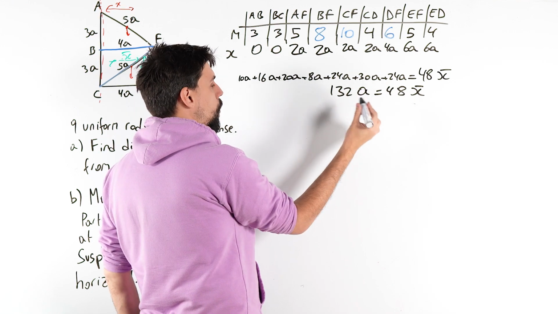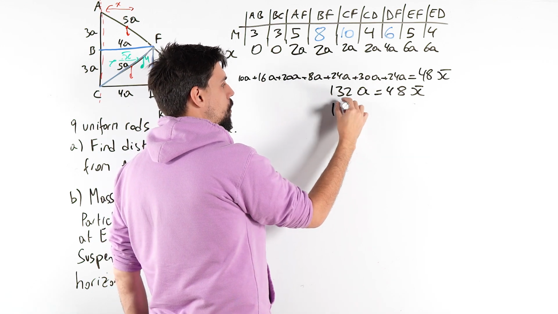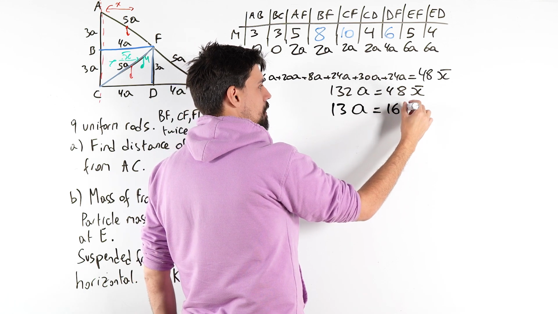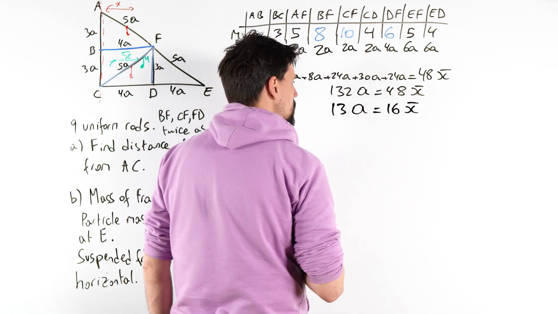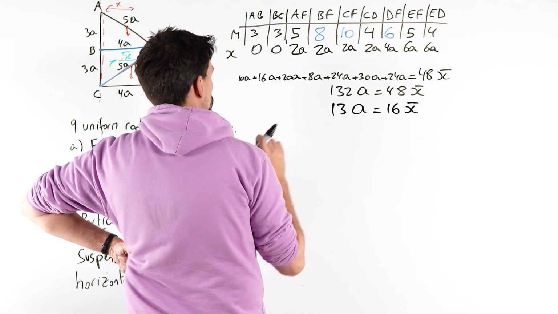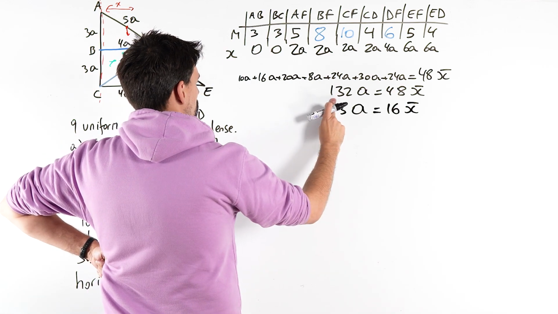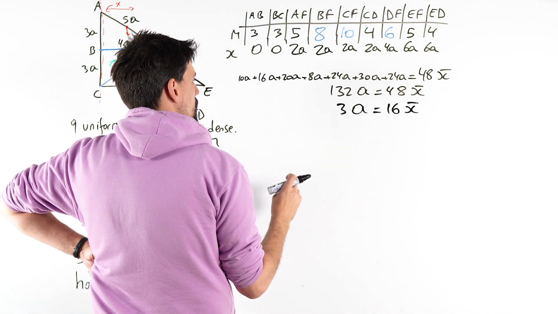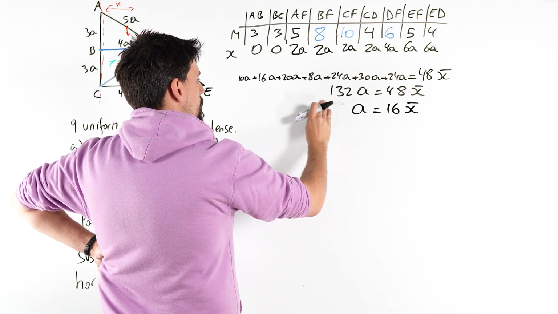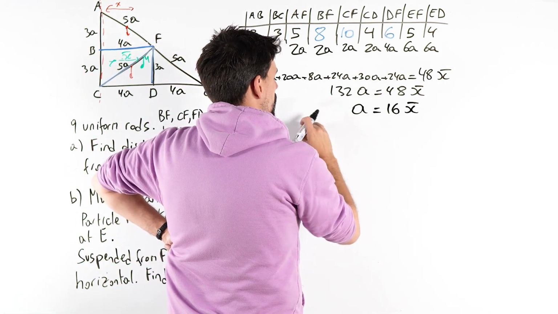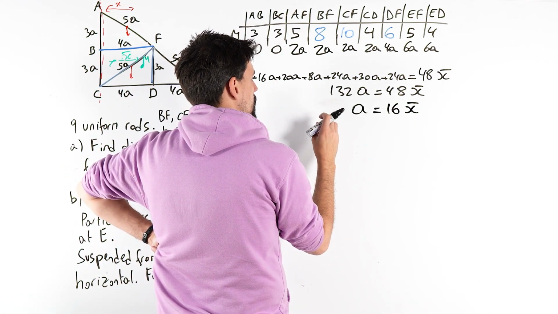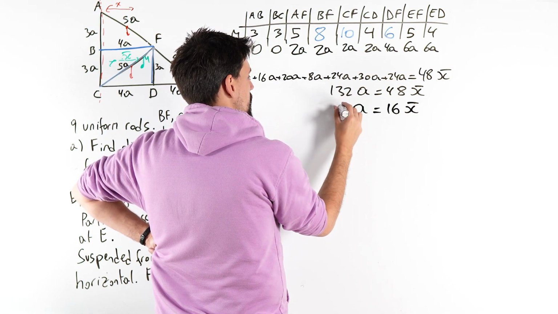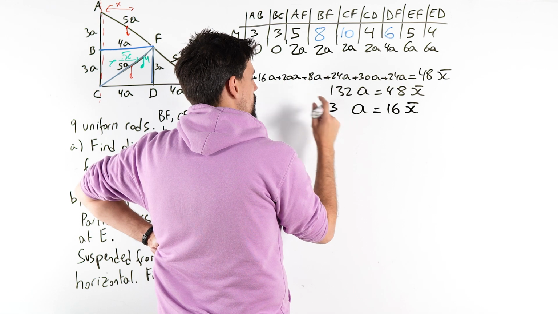Yeah, they're divisible by 4. Dividing by 4 gives 120 over 4, which is 30, so that gives me 33.